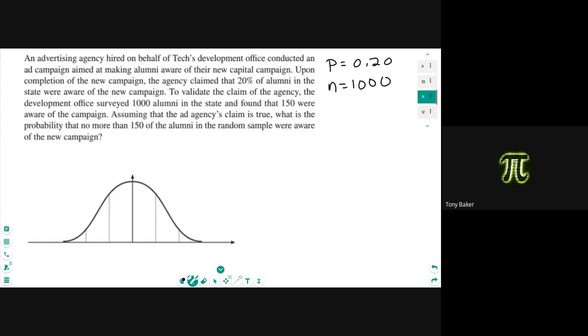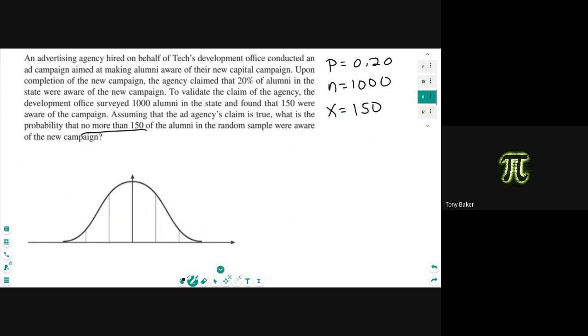Assuming this is true, what is the probability that no more than 150 of the alumni in the random sample were aware of the campaign? So my X, and they want no more than 150. Am I going to use 150, 150.5, or 149.5?